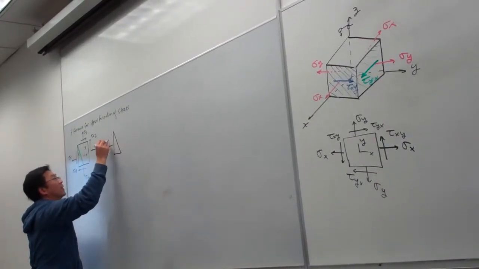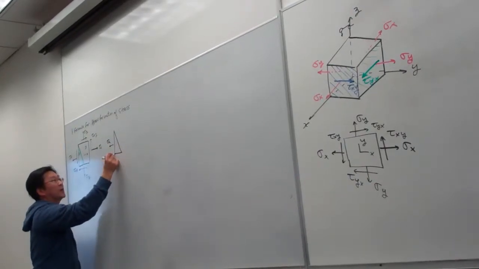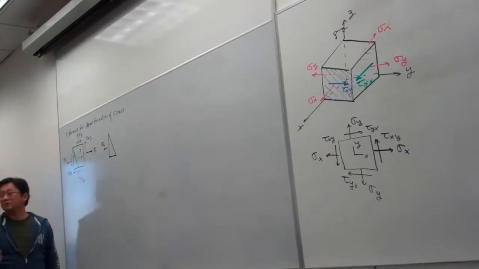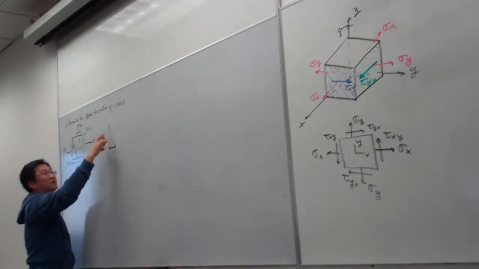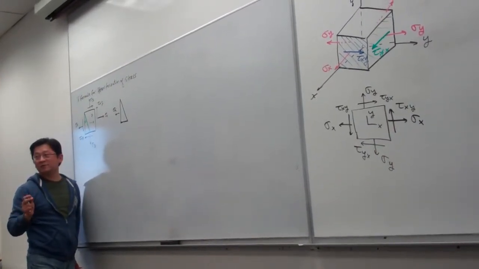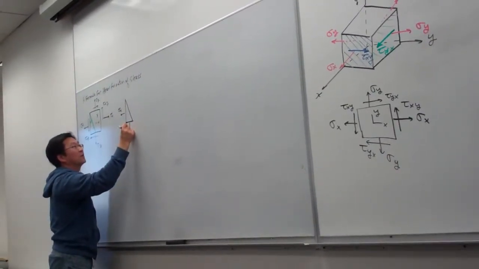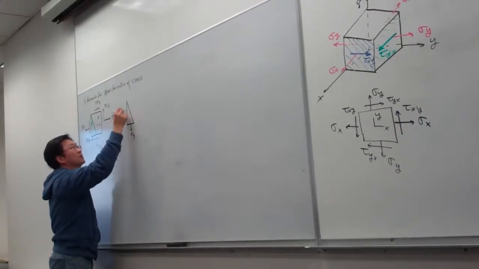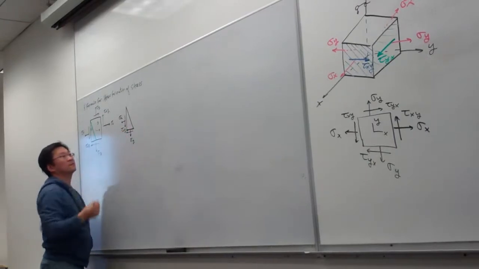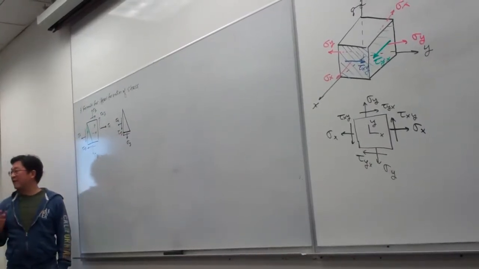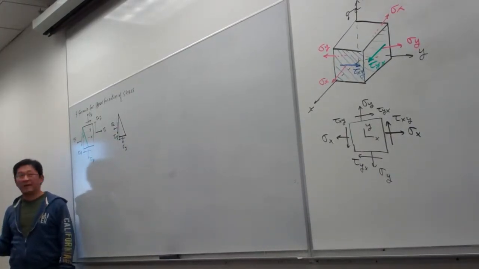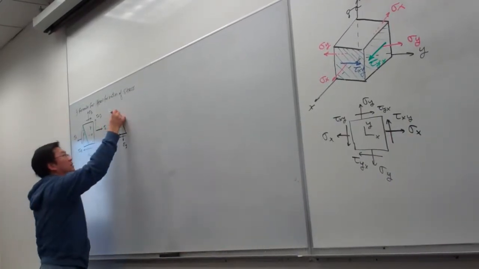We have sigma x, and again, the stress is the force per unit area. So it really doesn't matter how big the size of the cross section is, the stress value will not change. Here we have sigma y, and here is the value of tau xy. Again, the value of the stress doesn't depend on the size of the area. Here is our angle theta.